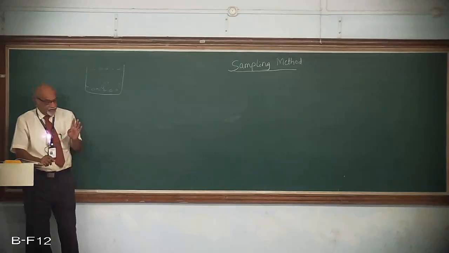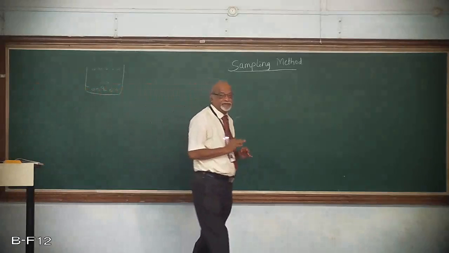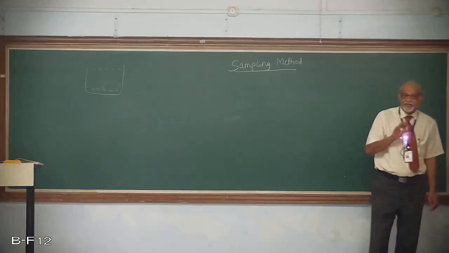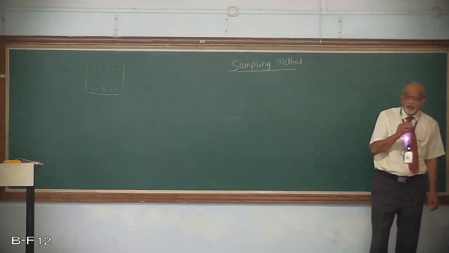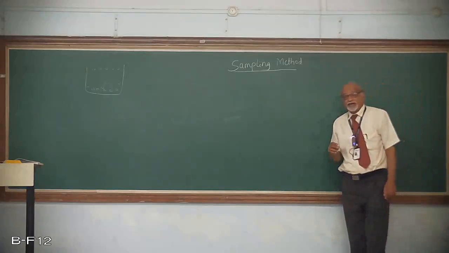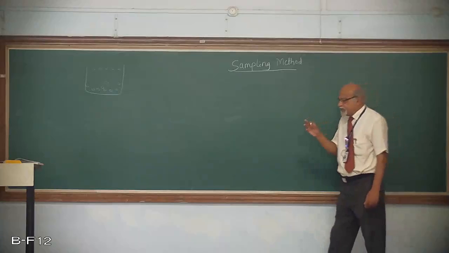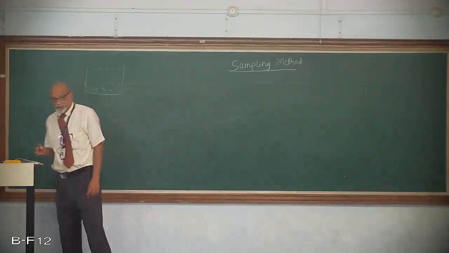See, the sample size, lot size and acceptance criteria we can consider under the sampling plan. Try to understand that. That comes under the sampling plan. Sampling methods means how the samples are to be collected, so what is important is the randomness of the sample. Why randomness?